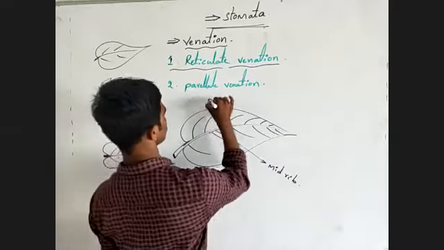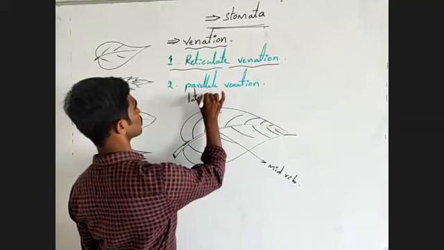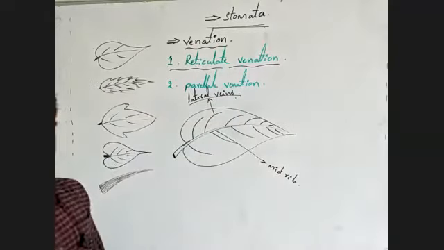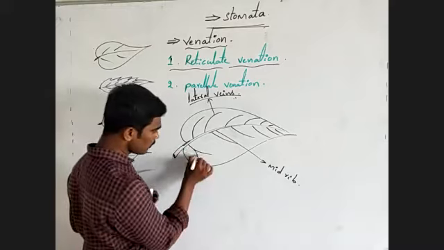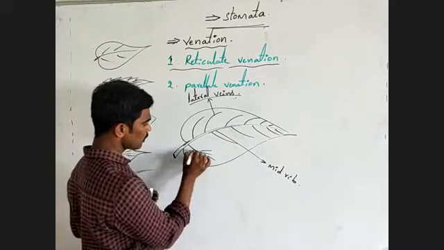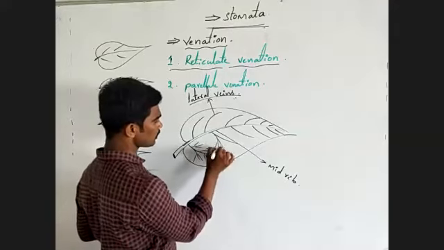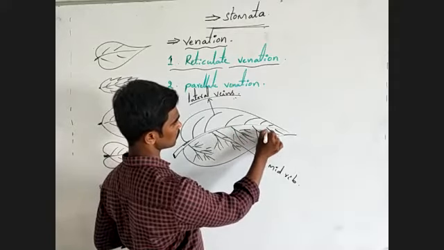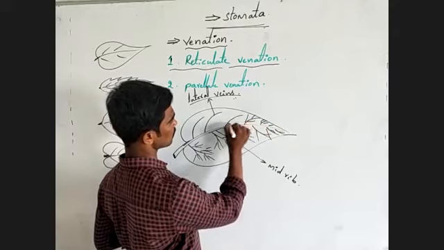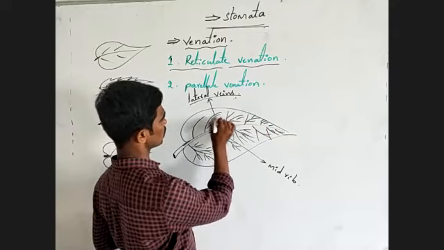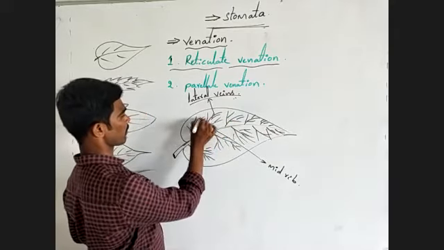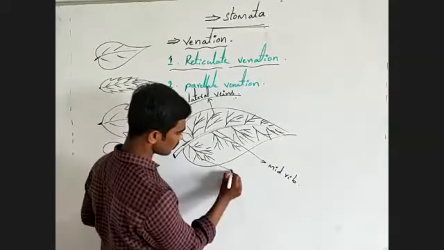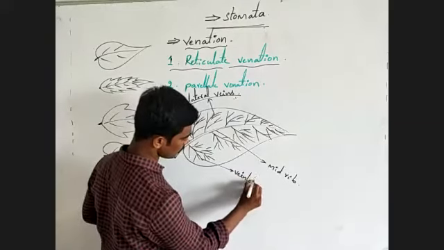These are lateral veins. From lateral veins, again smaller and fine branches are formed like this. These are called veinlets.